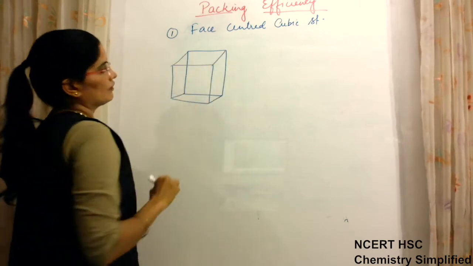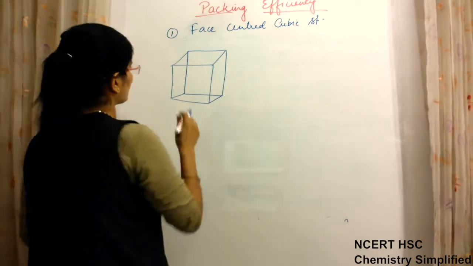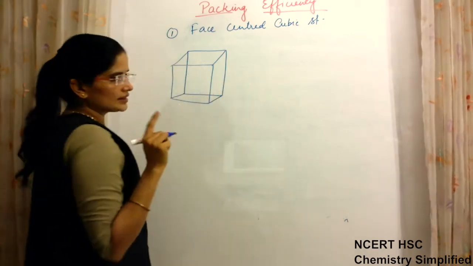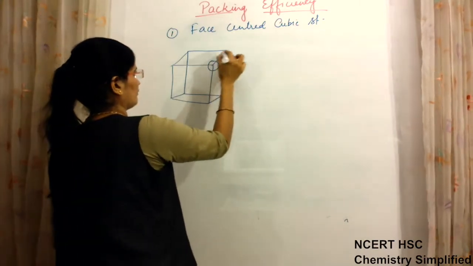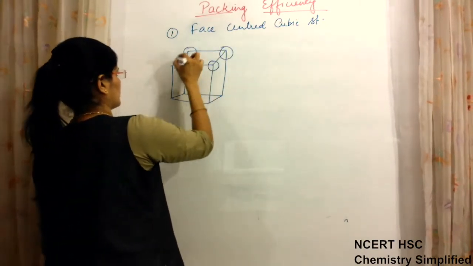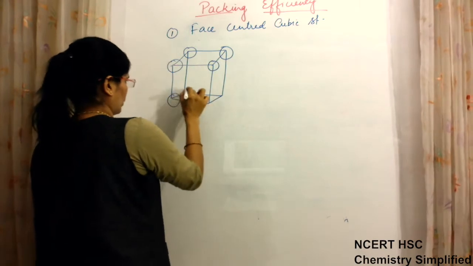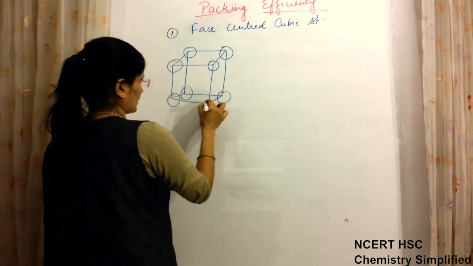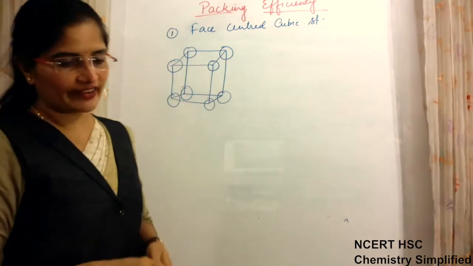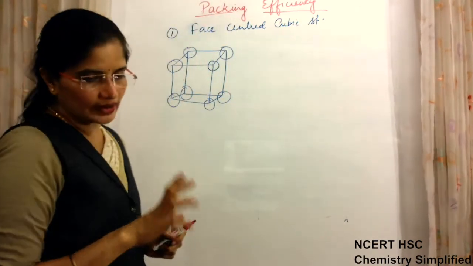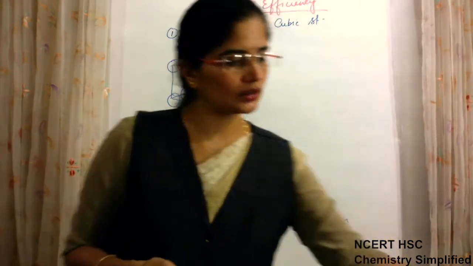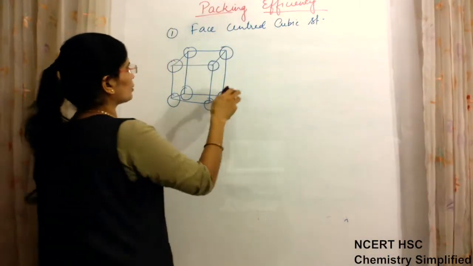Okay, when we are making the unit cell, because it is face centered cubic structure, we will have particles in this unit cell on the corners as well as on each face. Okay, so we will make the particle only on one face because we will use only one side, not all.